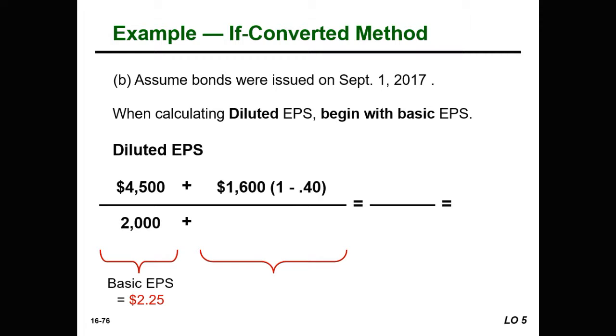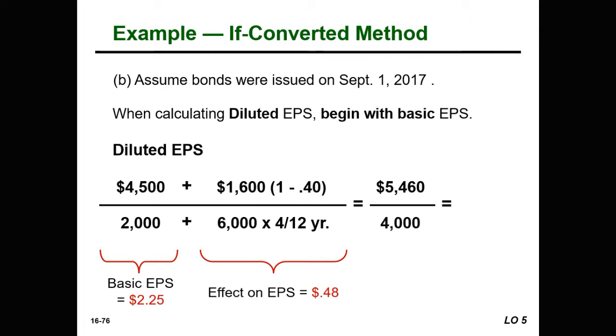And then we do the weighted shares. So 6,000 shares multiplied by 4 out of 12 to give us an effect on EPS of 48 cents. When we do the math all the way across, we get 5,460 is what net income would have been, and shares of 4,000, and a diluted EPS of $1.37.